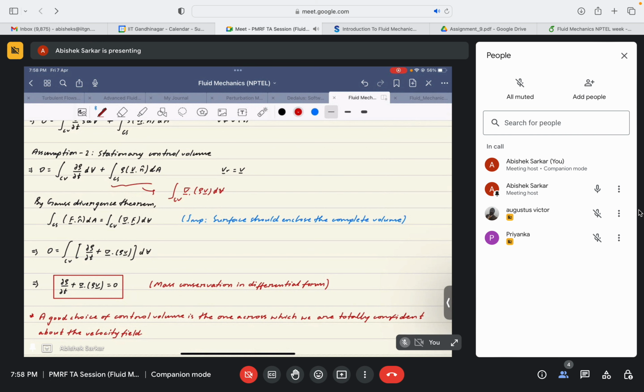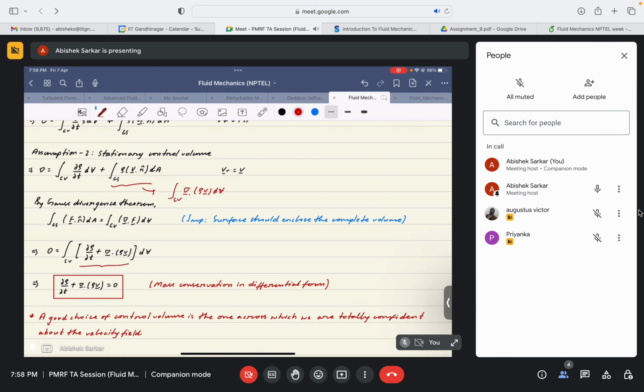Is that correct? Yes, sir. Yes, thank you. So keeping that in mind, since the elemental volume with respect to which we are doing the integral is the same, we can just take the integral sign common for both the terms and write the integral in this form.